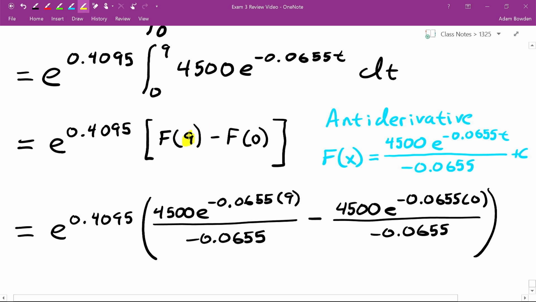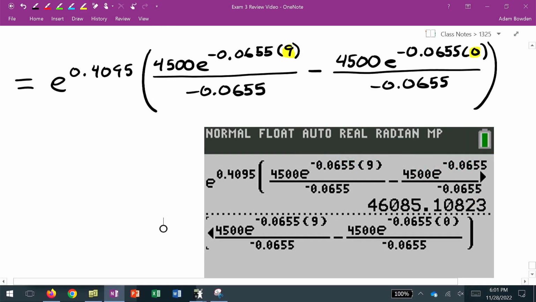Okay, this is plugging in the numbers here for 9 and 0 into our antiderivative. Here's what it looks like all in the calculator. It comes out to be, rounded off to the nearest cent, a total of $46,085.11.